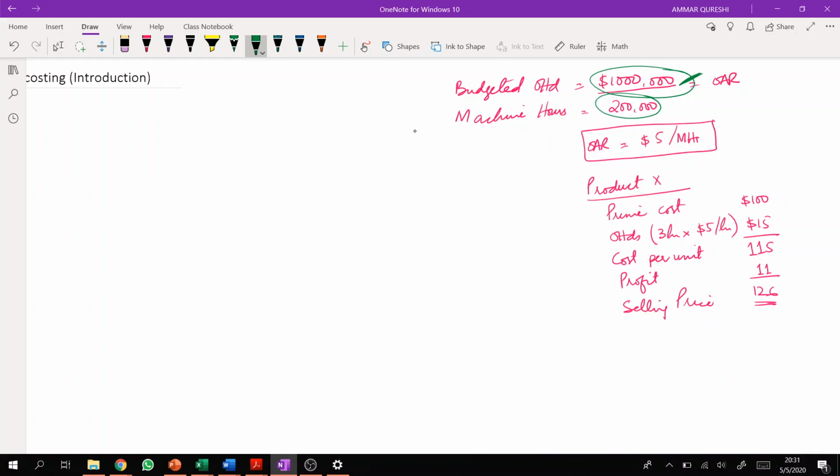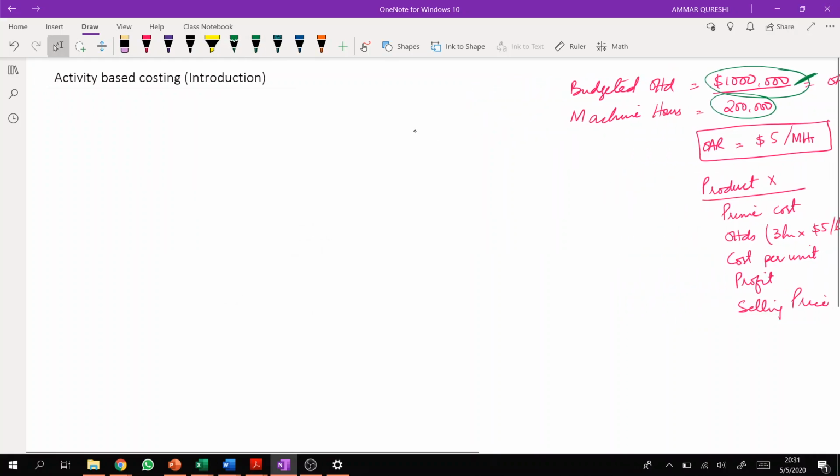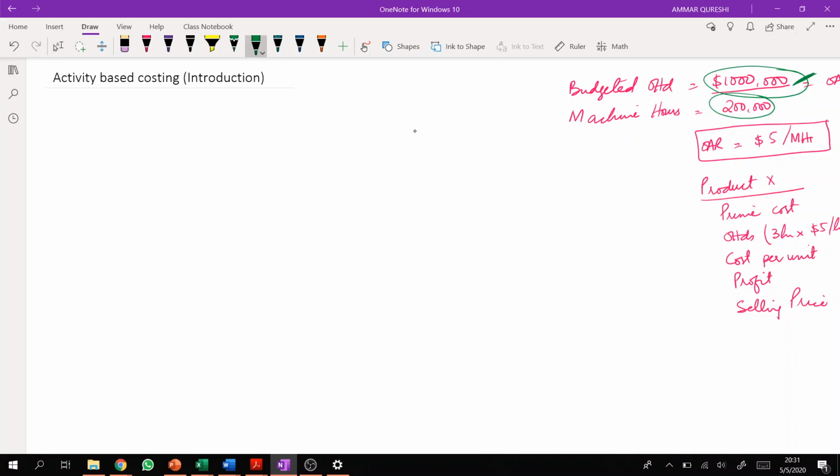Let me try to explain how we are going to do that. For example, let's take the same example. We have budgeted overheads of around 1 million for the company, right? And after studying these overheads, we came to know that 40% of the overheads are actually machine related costs, right? 20% costs are actually batch related costs, right?